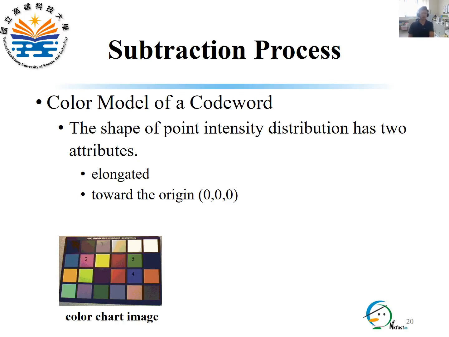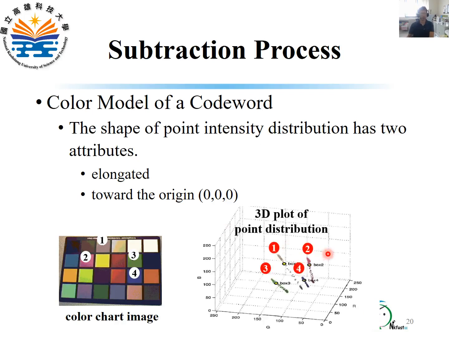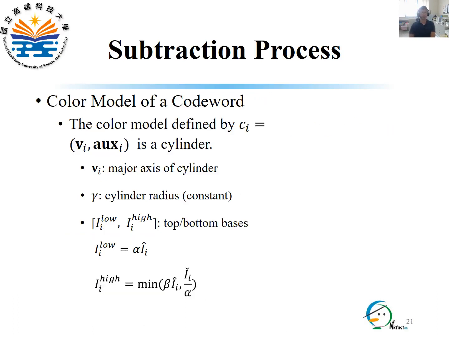Before describing the subtraction process using the constructed codebook, we first introduce the color model of a cohort. By observing the intensity of these 4 points in the color chart under illumination variation, the shape of this point intensity distribution, as shown in this picture, has two attributes: elongated and toward the origin. Accordingly, the color model defined by a codeword is a cylinder.